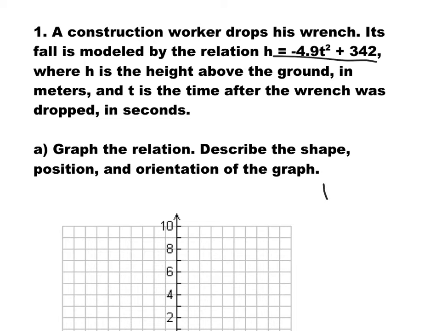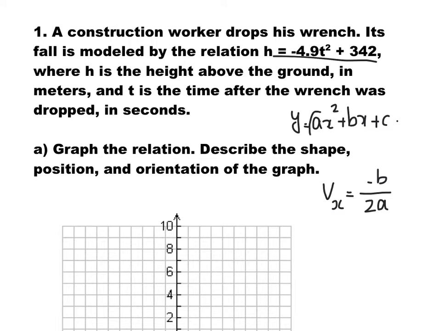Another technique, which is a shortcut, which is very good and very fast, is using this formula, which says that the x-coordinate of the vertex, which I show by v sub x, is equal to minus b over 2a. Remember that the quadratic equation in general is y equals ax squared plus bx plus c.